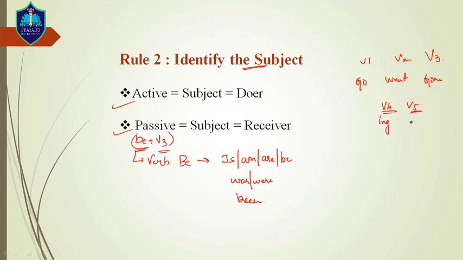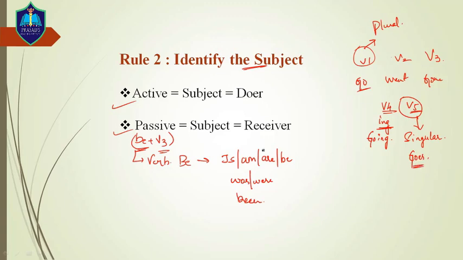V1 and V5 are the same with a slight difference: V1 is used with the plural and V5 is used with the singular. For the same example, V4 becomes going, the ing form, and V5 becomes goes. This is very simple, right?